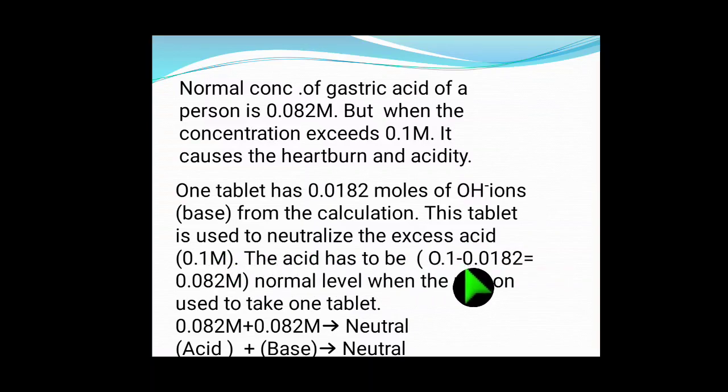So you take a subtraction: 0.1 molar excess acid minus 0.0182, which is the base from the tablet. We get 0.082 molar, which is equal to the normal concentration of gastric acid.